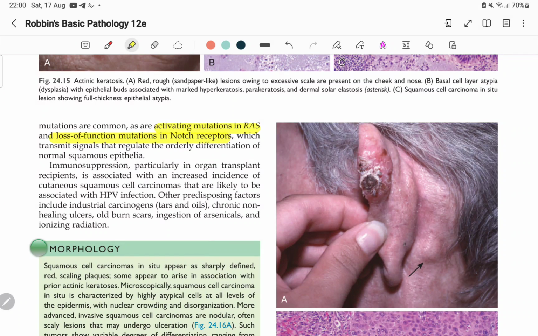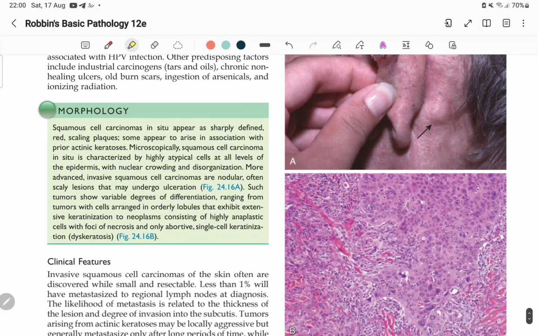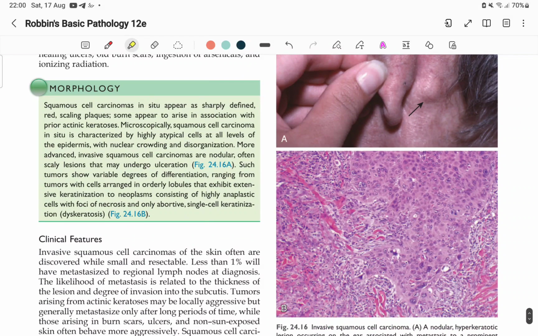These three are the things to remember. Grossly it shows sharply defined red scaling plaques with variable degrees of differentiation, and highly anaplastic cells with foci of necrosis and single cell keratinization, called dyskeratosis.